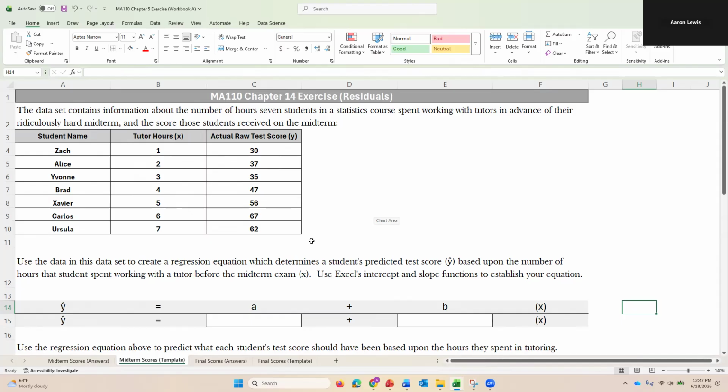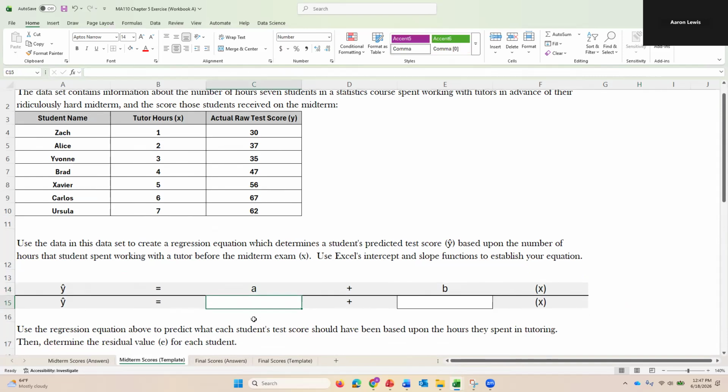So to do so, we're just going to analyze the information that we have to determine the intercept and the slope. For the sake of making things simple, let's use those functions in Excel to determine our information. So A is the intercept. I can calculate the intercept of our existing data by using Excel's intercept function.